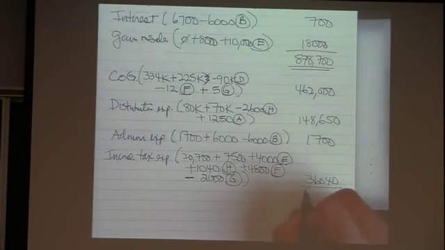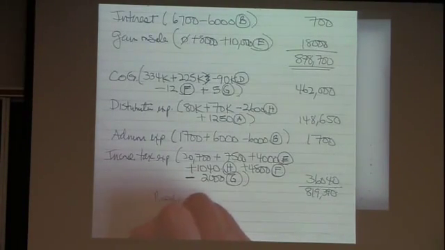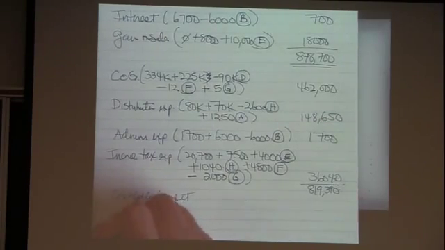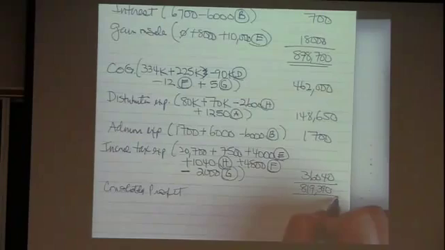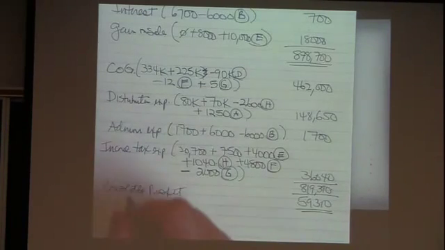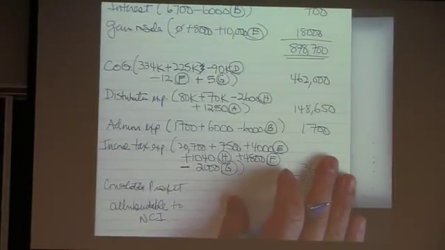Altogether, the expense is 819,390. And the profit, the consolidated profit, is the difference between these two, which is 59,310. Now, we already know that we already calculated non-controlling interest, didn't we? We already did that calculation.